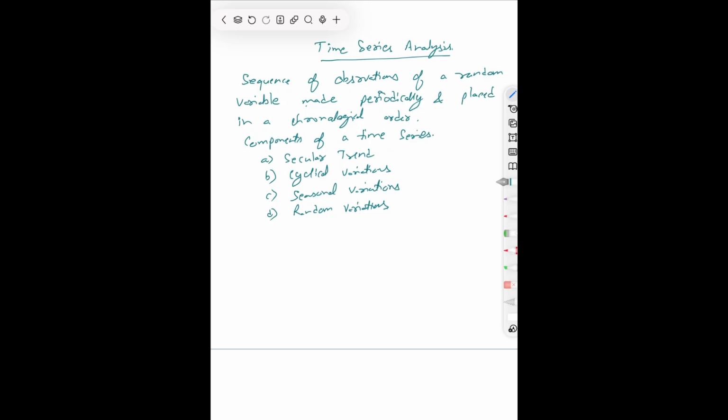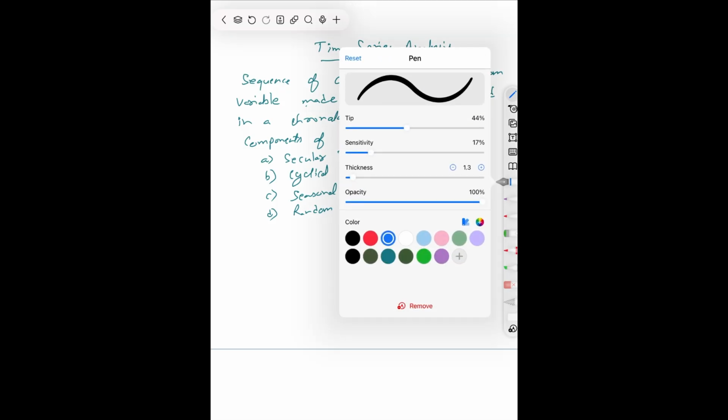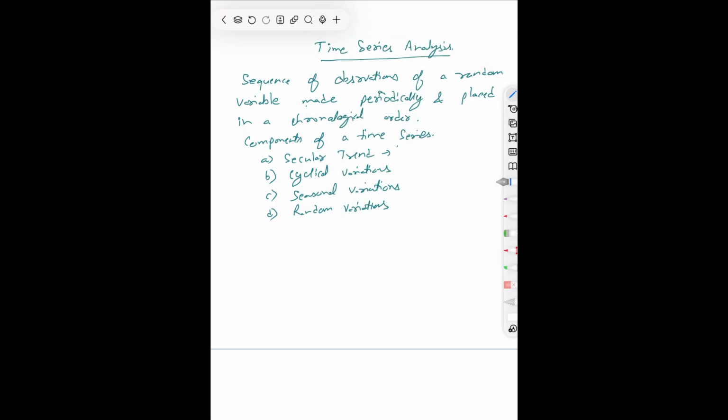So this will show the long-term tendency of the observation. It might be upward, it might be downward, but it will tell about the overall increase or overall fall.